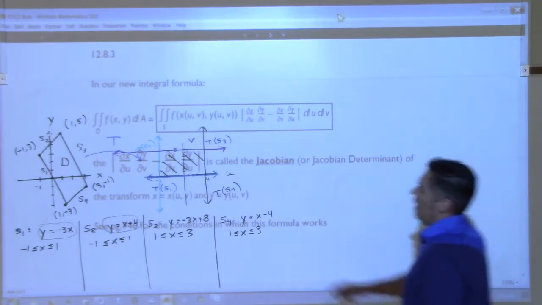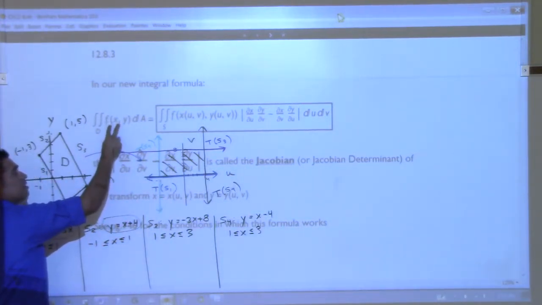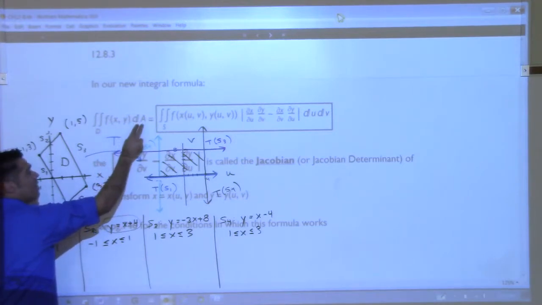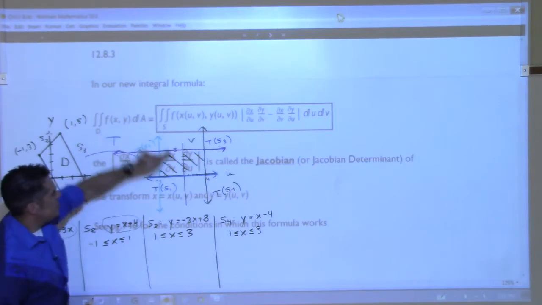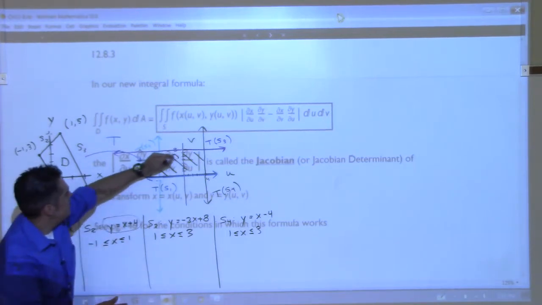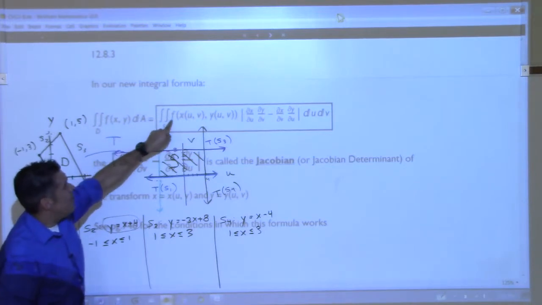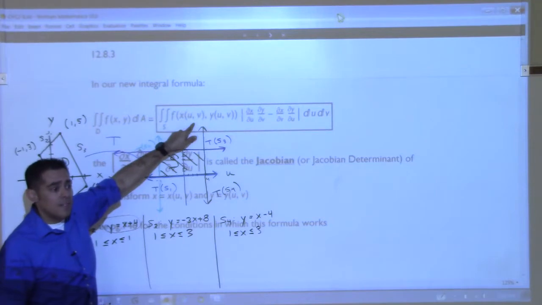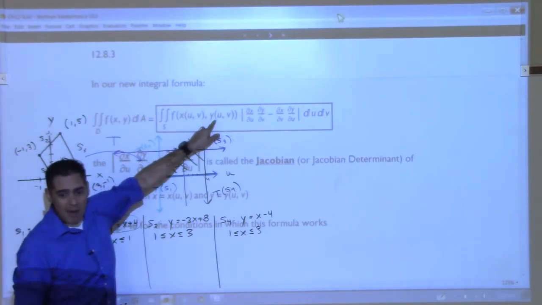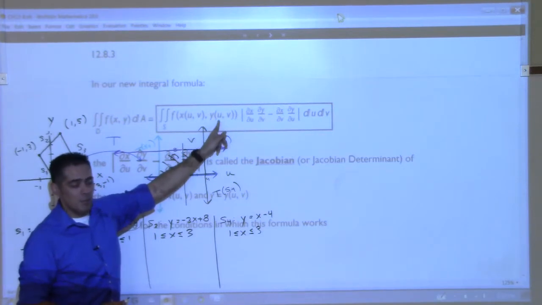If you have a double integral over D of a function in terms of x and y with respect to area, we have to switch it over to this new region S. We're going to do the double integral over S of our function, but we have to replace x with things in u's and v's, and we have to replace y with things in u's and v's.